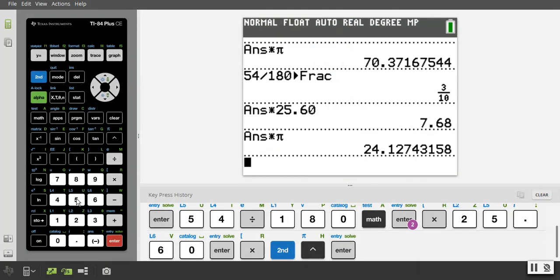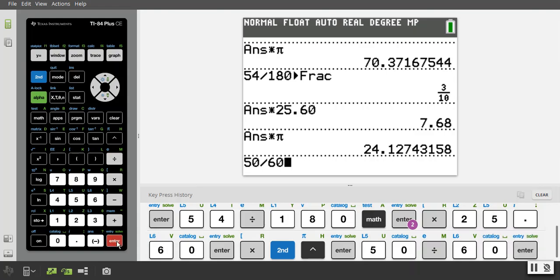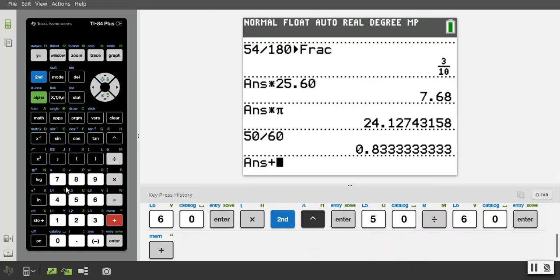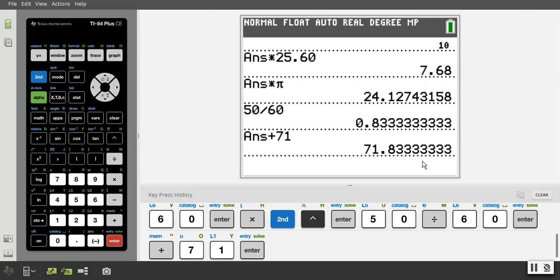So I'm going to take the 50 minutes and divide that by 60. Now that's going to be plus the 71. But this is in degrees, okay?